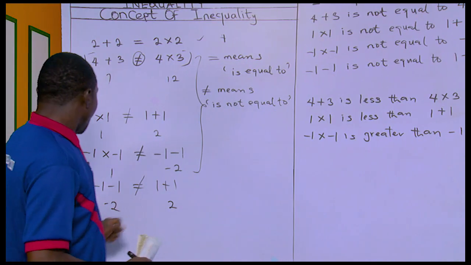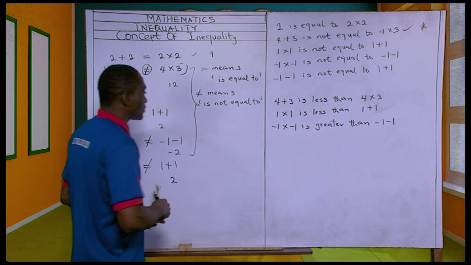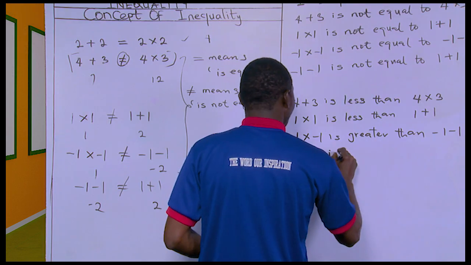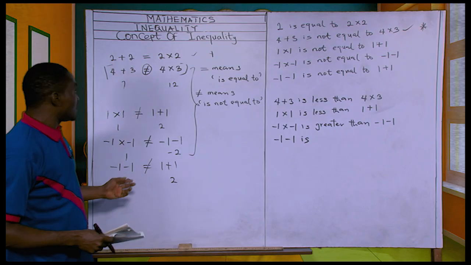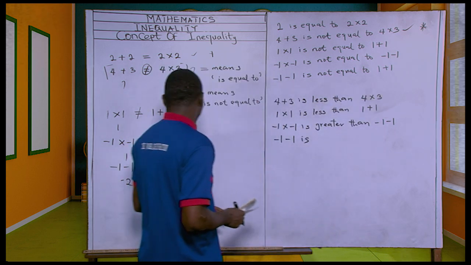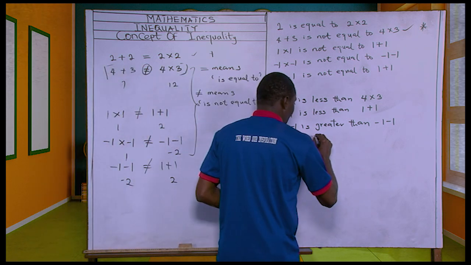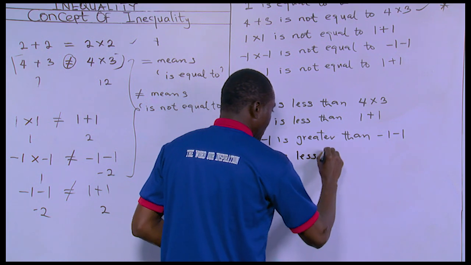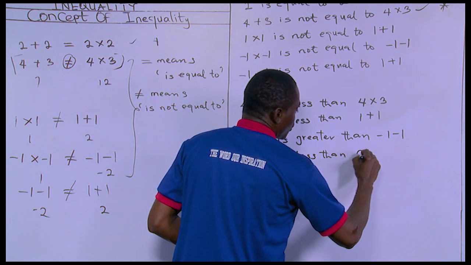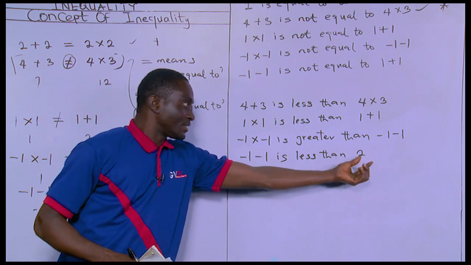Okay? Now, the last one, minus 1 minus 1. The reason why minus 1 minus 1 is not equal to 1 plus 1 is because minus 1 minus 1 is less than 2. Okay, this value is less than this value.